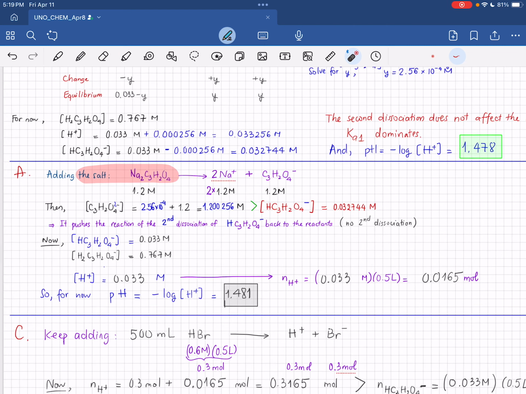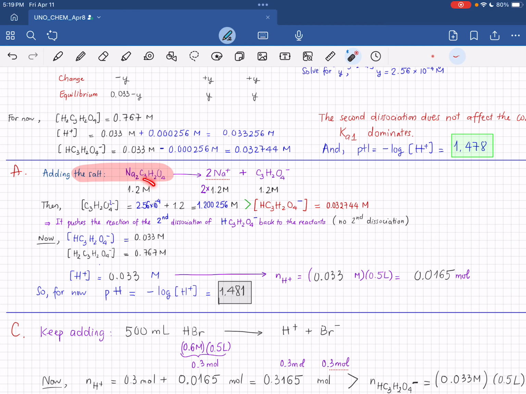Now when we add in the salt, this is the concentration, and it's twice for the sodium because we have two. It can be any other cation, I just take sodium as an example to make things more specific. And this is the concentration of the malonate group.